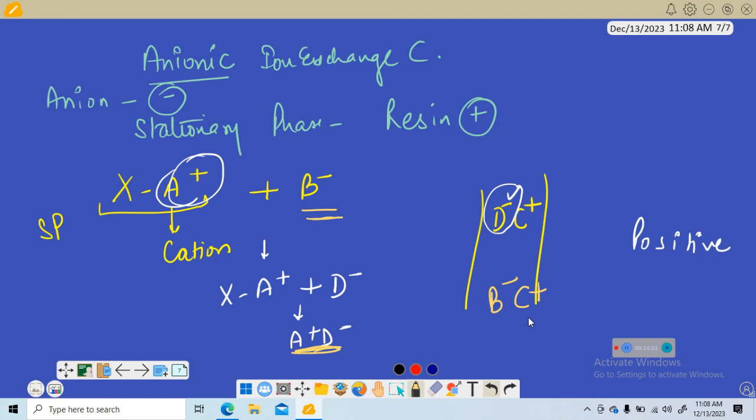Our main purpose was to elute this C positive, so it is getting eluted. So here our aim was to isolate C positive.